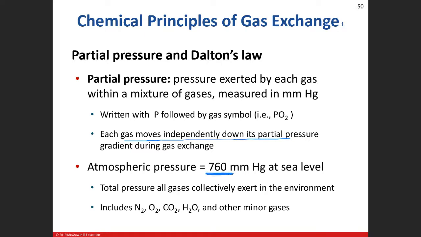I know it's at sea level, but for all of our examples, unless you're told otherwise, assume that it's always going to be 760. When we add up all of the gases in the atmosphere, all their partial pressures should add up to 760. I'll show you how we're going to do that.